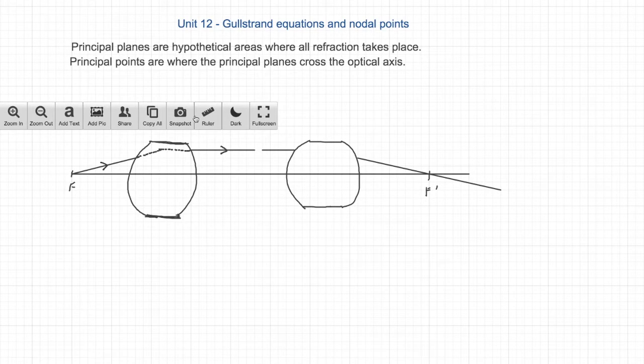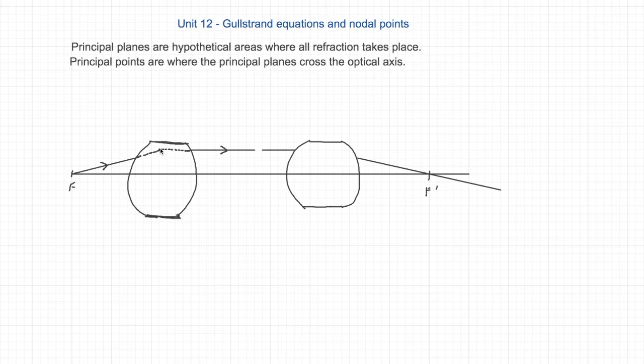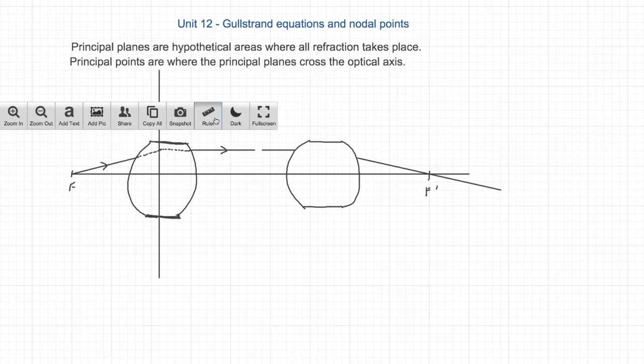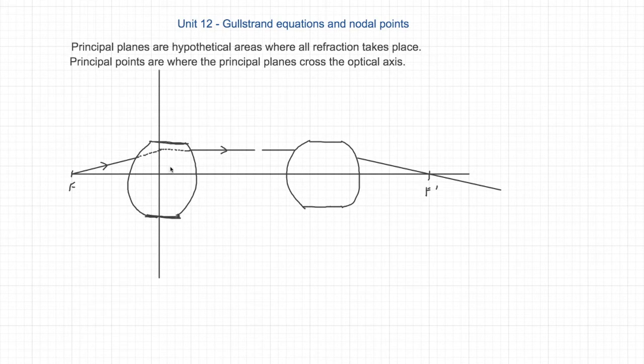If we sent in other rays from F, they would all meet at this primary principal plane. And where it crosses the optical axis, that is the primary principal point, or capital H.